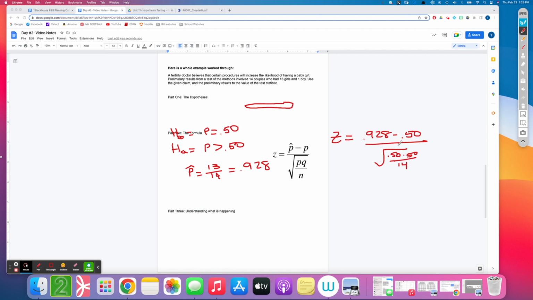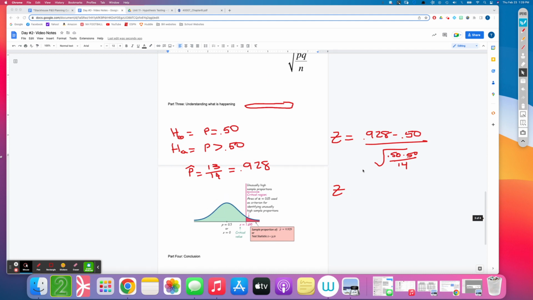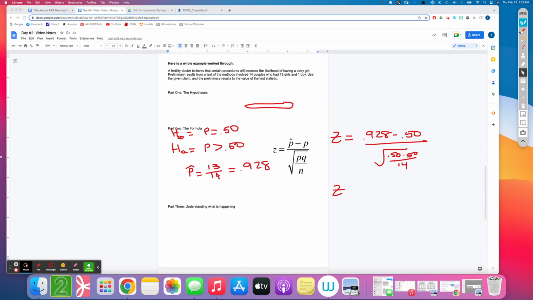There's all the numbers plugged in. You throw it in the calculator, and our z comes out to be, it's actually down below, so let me scroll down so I can write the correct decimal place. Z is 3.21. And that's how you calculate that.